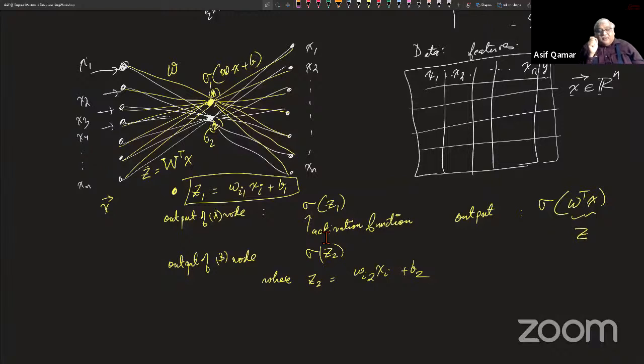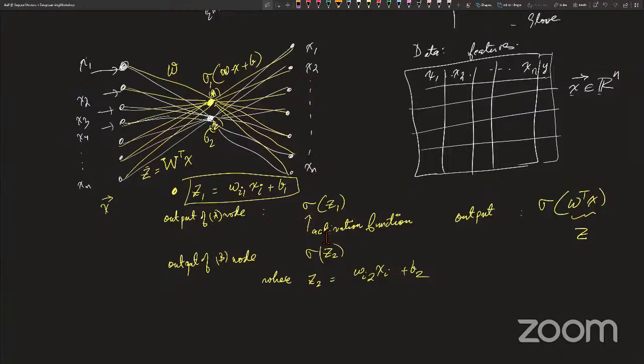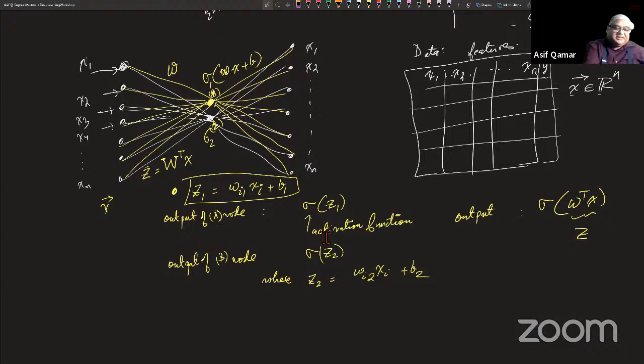Okay. Now comes a crucial thought. Let's say that there is another matrix here, W prime, and it is applying itself to Z. Remember that I put a prime, since we use W for weights.